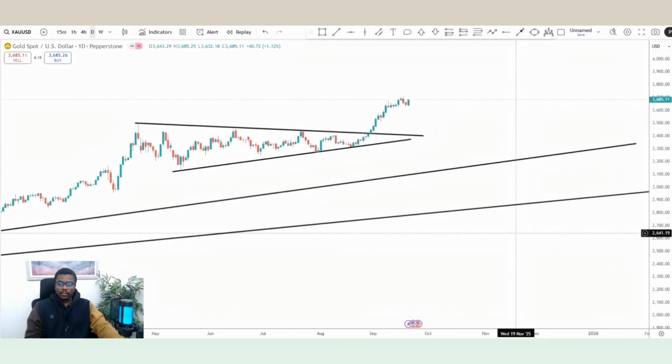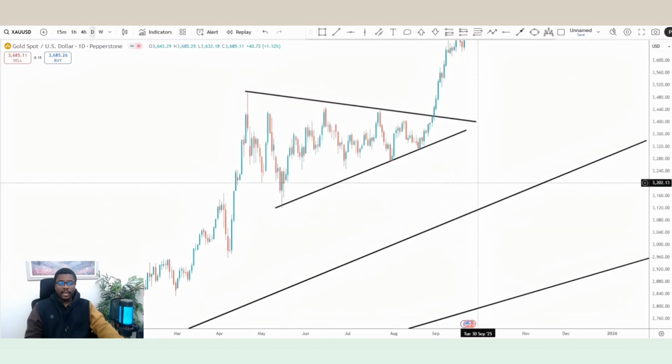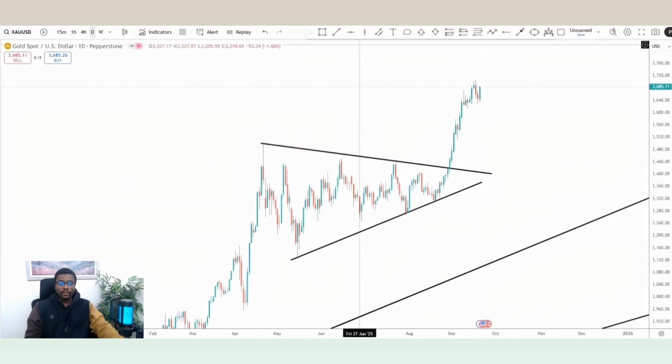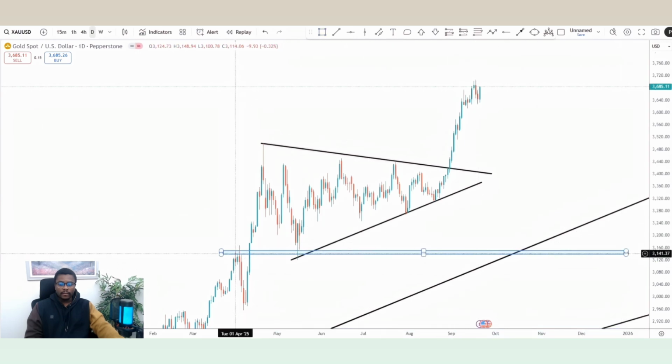So going down to the daily time frame, again we can identify some key areas of support and resistance here. Again, starting down here, we can see this area of resistance here, which was broken through and became support.